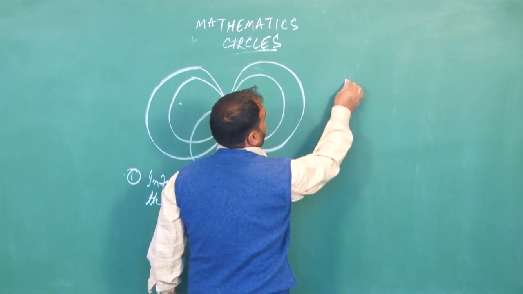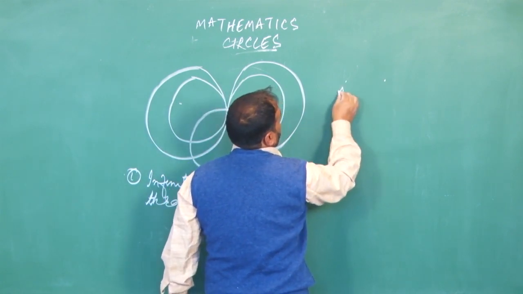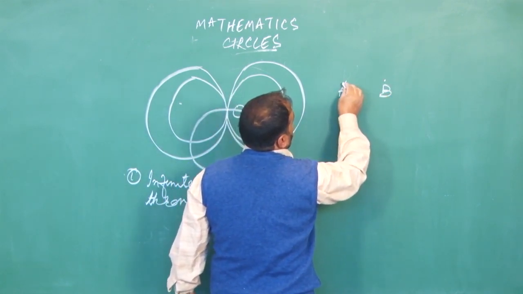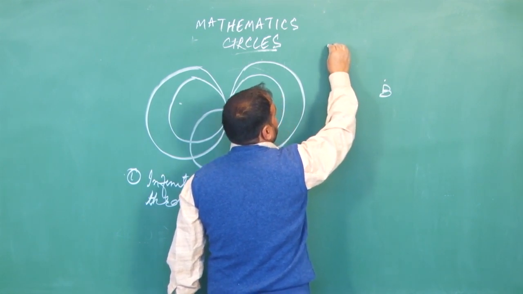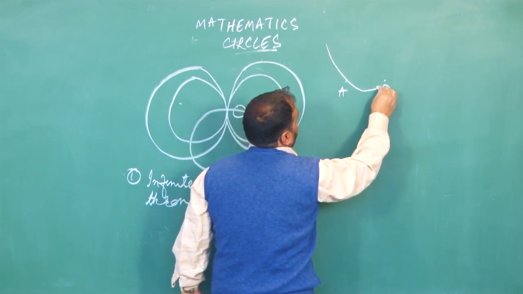If you take any 2 points now, suppose we take point A and B, and we want to find out how many circles can pass through these 2 given points.